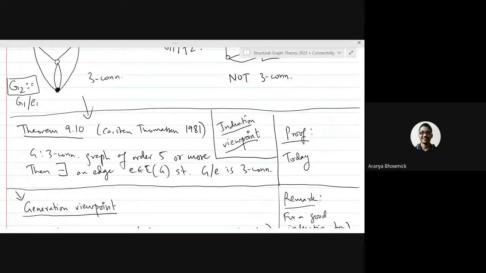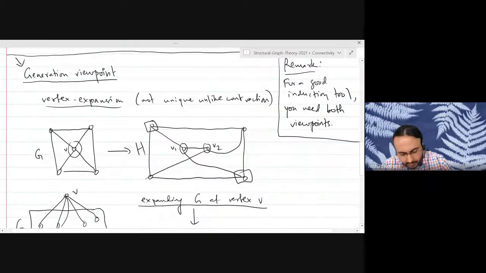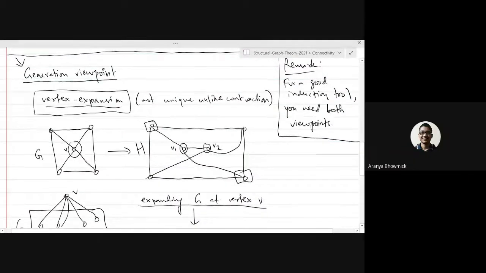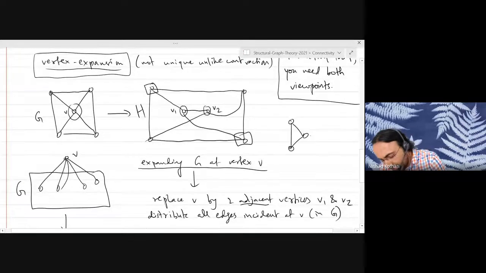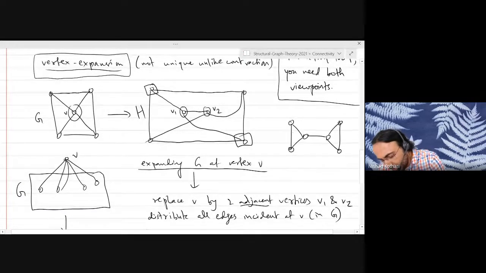Sir, I have a question. Why do we need to have a vertex of degree at least 4 in G? Well, because of the definition of vertex expansion. Think about this graph. If you have this graph, how will you make a bigger 3 connected graph from this graph?